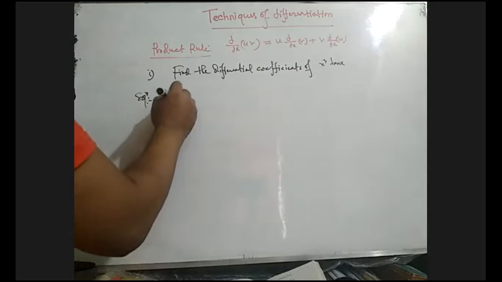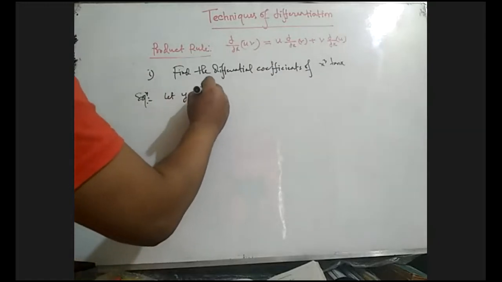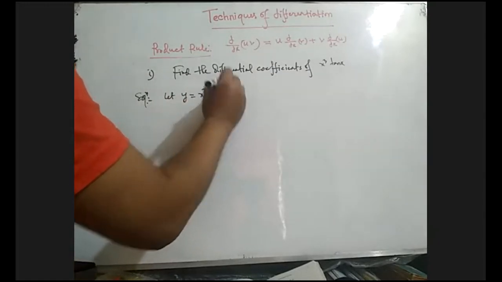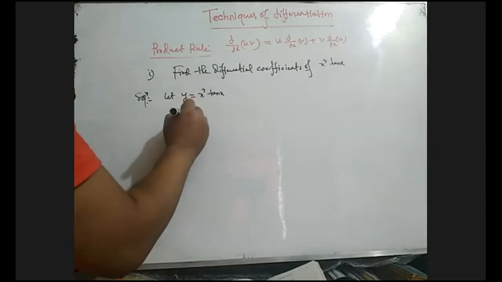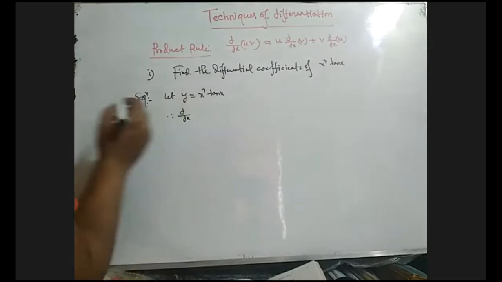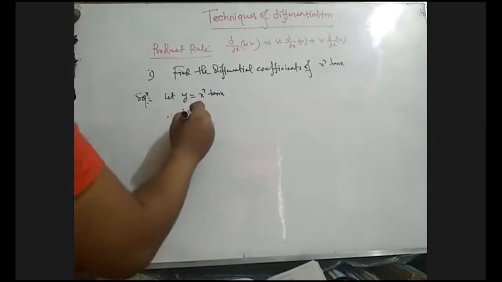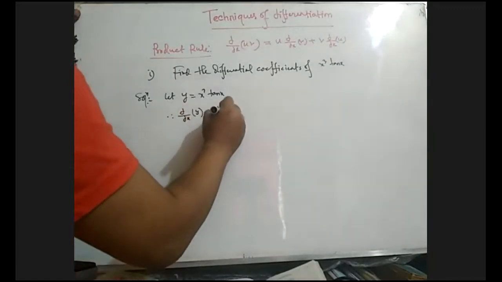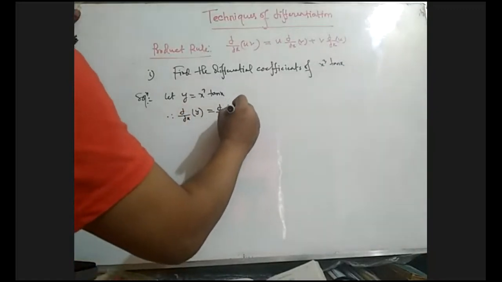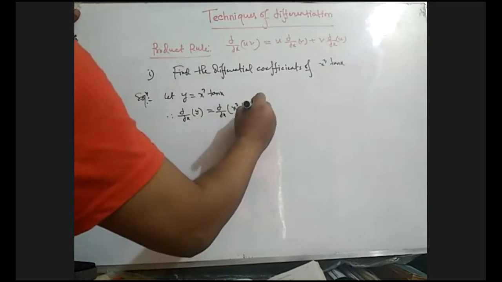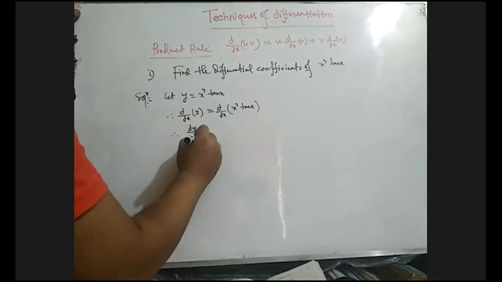Let y equal x cube 10x. Therefore, taking d/dx on both sides, on x cube 10x. Therefore, dy/dx.